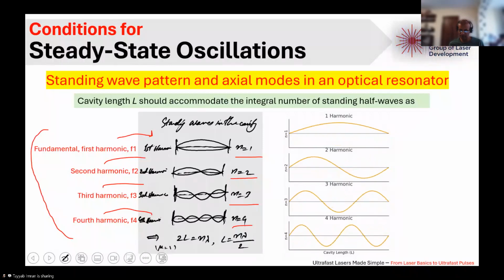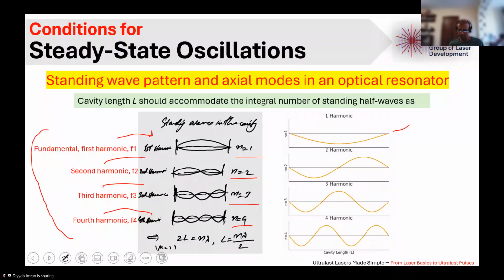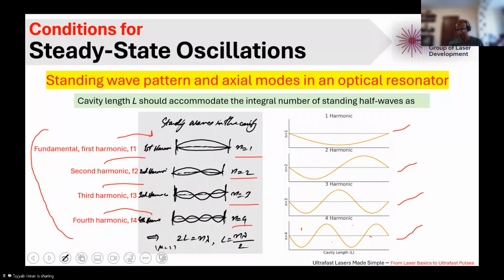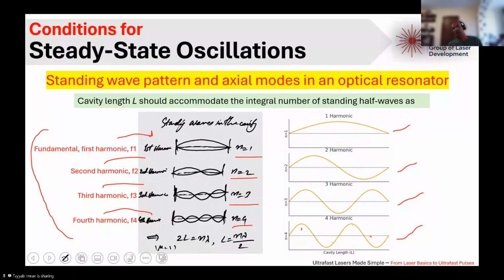The same thing you can see in the animation here. This is the N1 case, and this is the N2 case. You can see here. This is the N3 case, and this one is the N4 case. 1, 2, 3, 4. So this is how the standing waves in the cavity are produced.